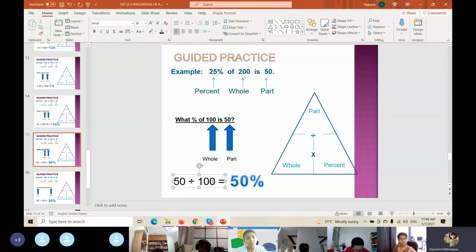Because you should get the answer in decimal. Teacher, is it 20? No, 50 divide 100.